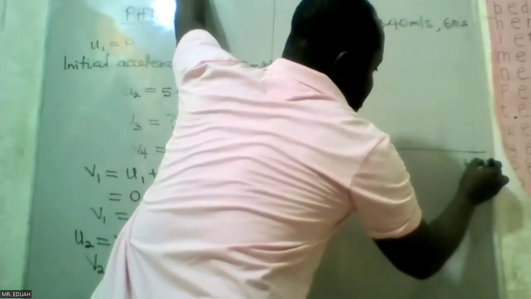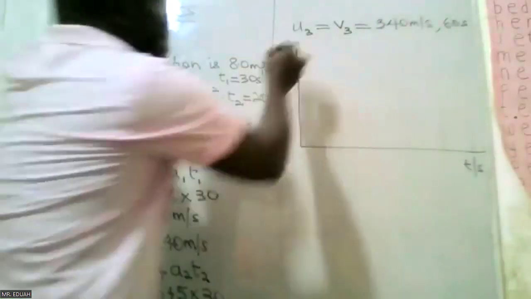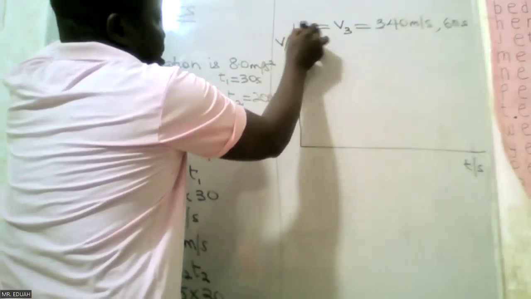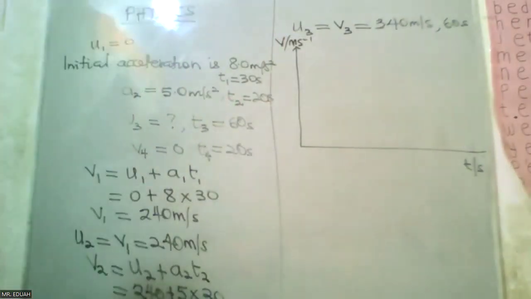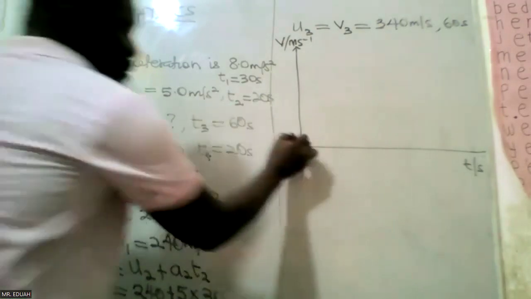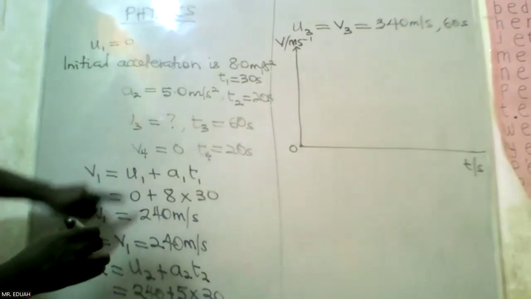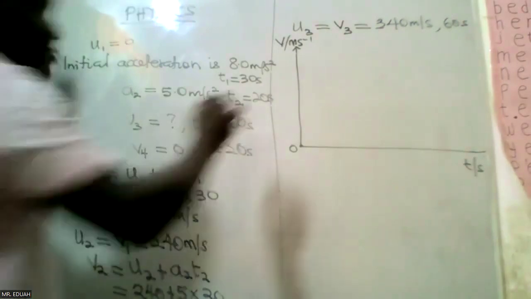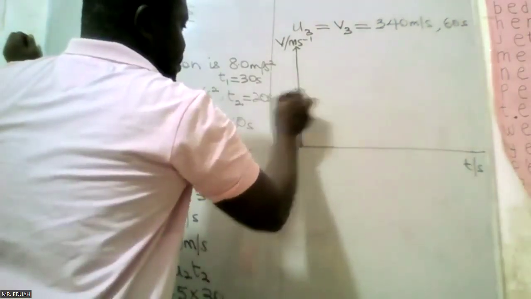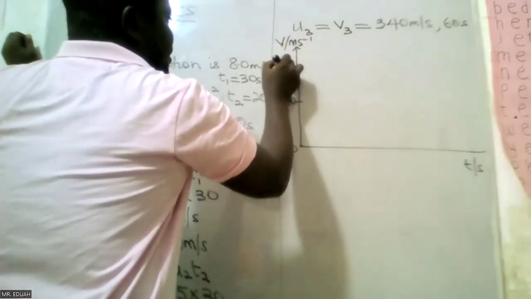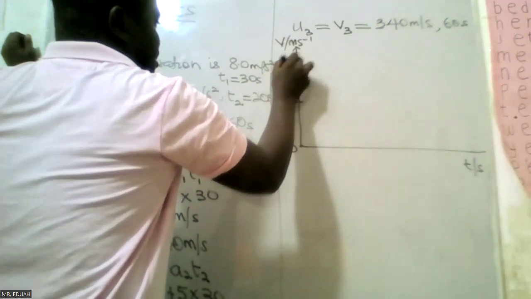Time in seconds, then velocity v in meters per second. We are starting from a velocity of 0, then we go to a velocity of 240, then a velocity of 340.